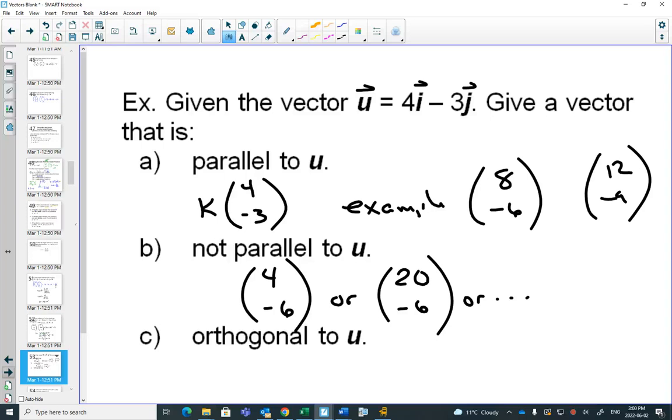But i and j are defined to be unit vectors, right? i is always 1, 0, and j is always 0, 1.